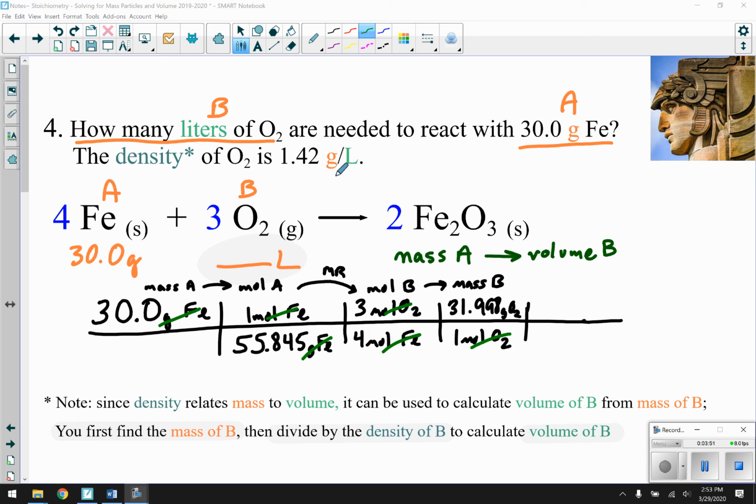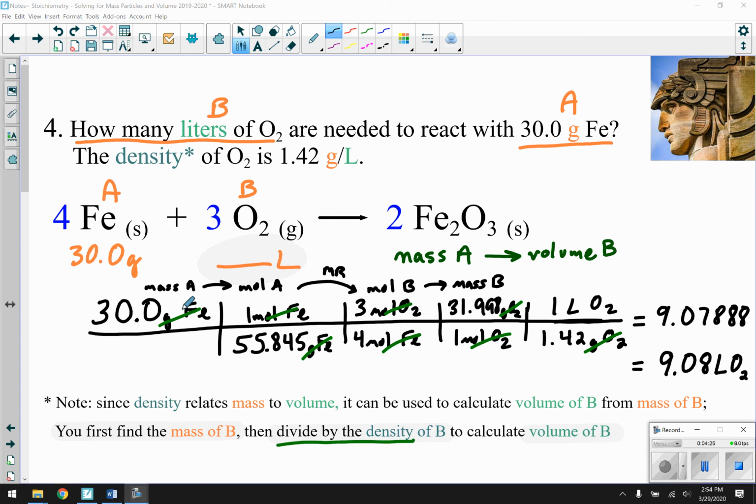So what we end up doing is dividing by the density: 1.42 grams of oxygen per 1 liter of oxygen. We can see that grams will cancel, and we're left with units of volume. So it's all over but doing the math.